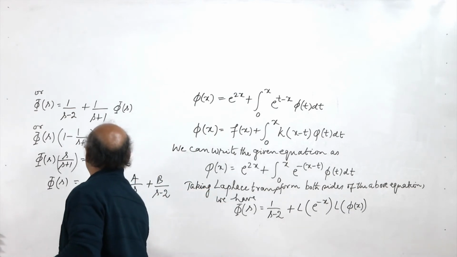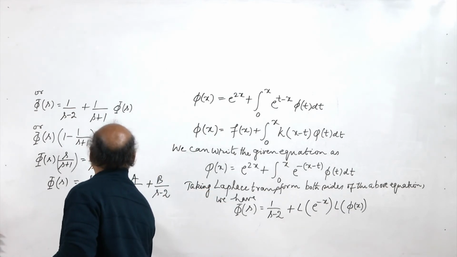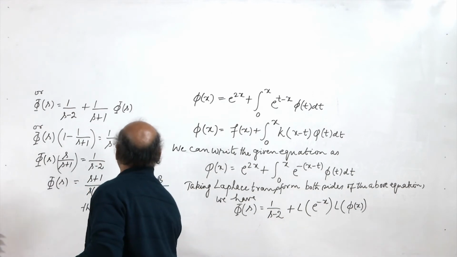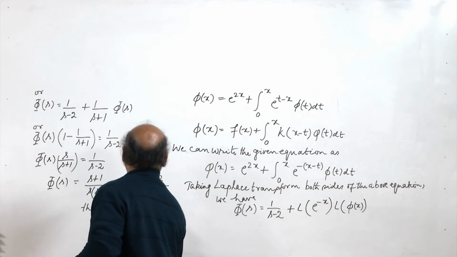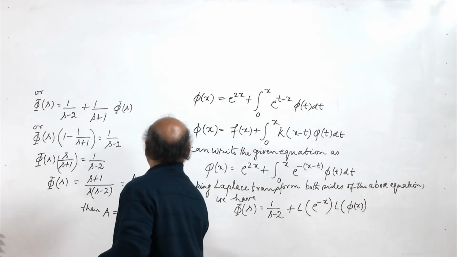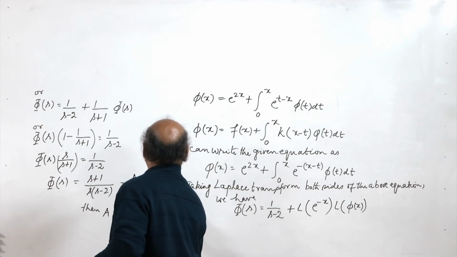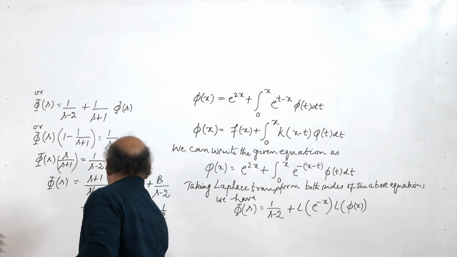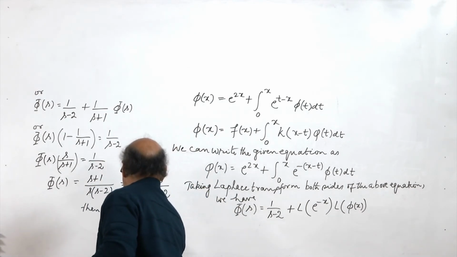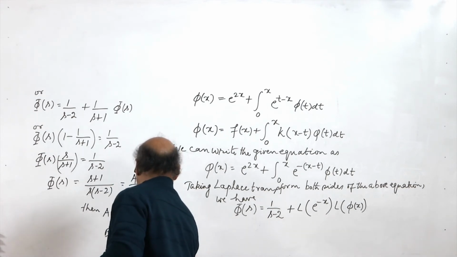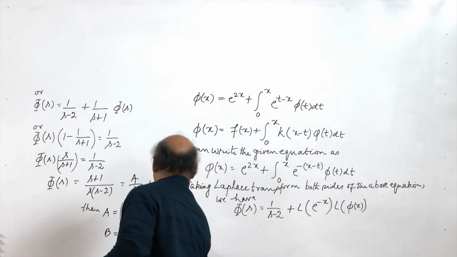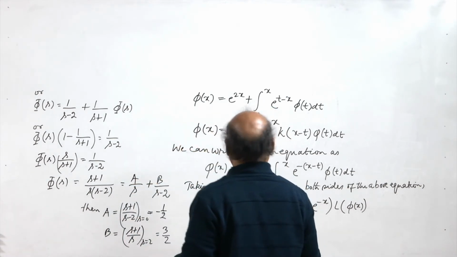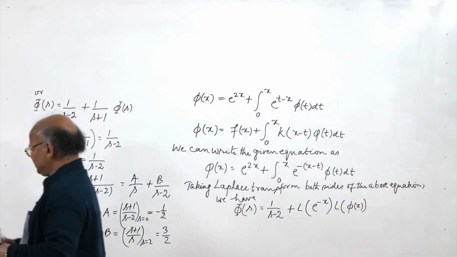Then a is given by (s plus 1) over (s minus 2) at s equal to 0, so we have minus half, and b is equal to (s plus 1) by s at s equal to 2, so it is 3 by 2.